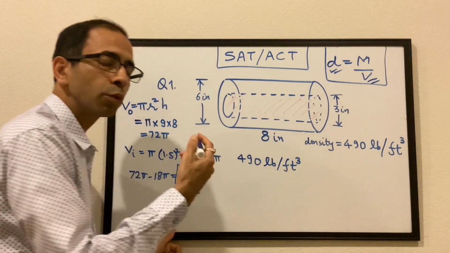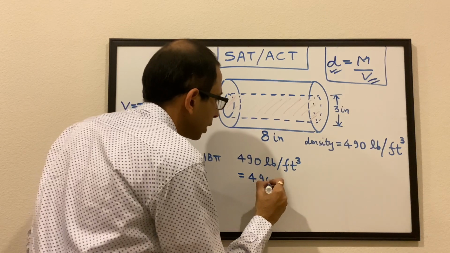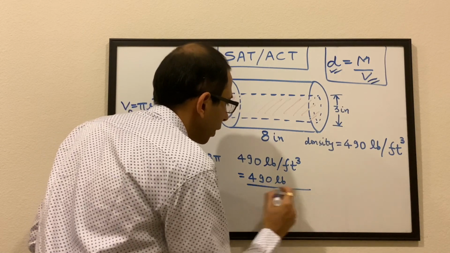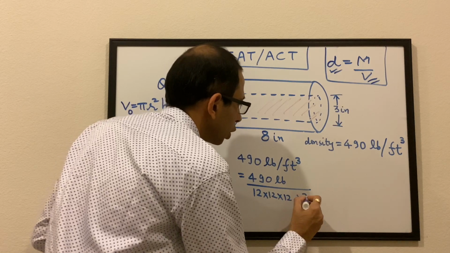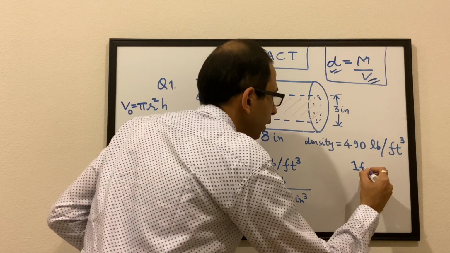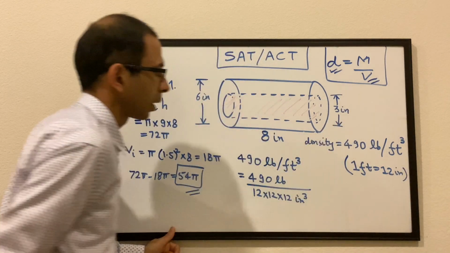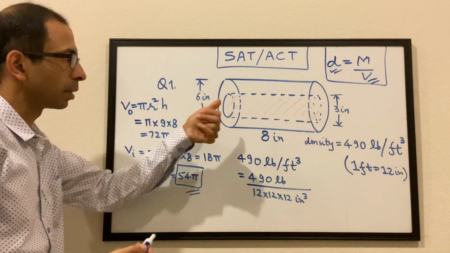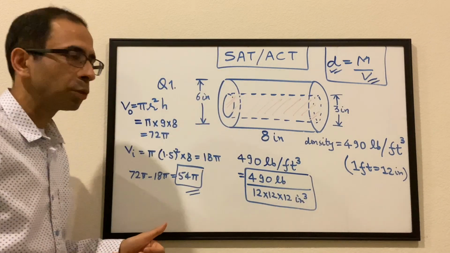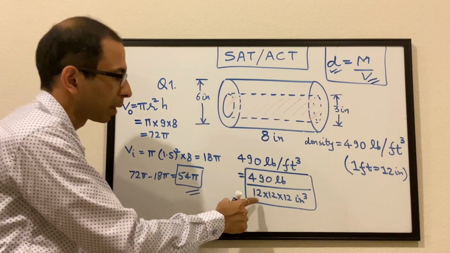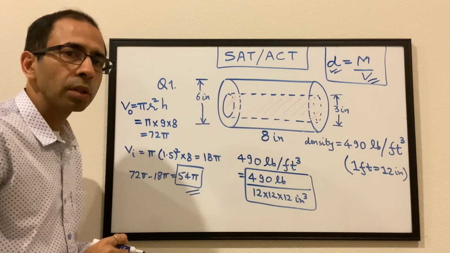We got to convert that into pounds per inch cube, which will be equal to 490 pounds divided by 12 times 12 times 12 inch cube, because in 1 foot we have 12 inches, right? So we got to convert the density so that the units are matching. So the density would be 490 divided by 12 times 12 times 12 pound per inches cube, right?